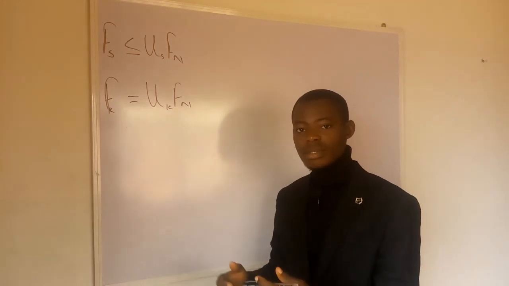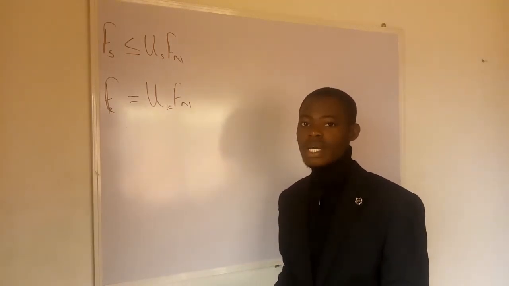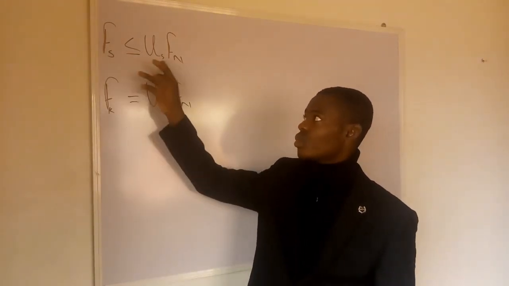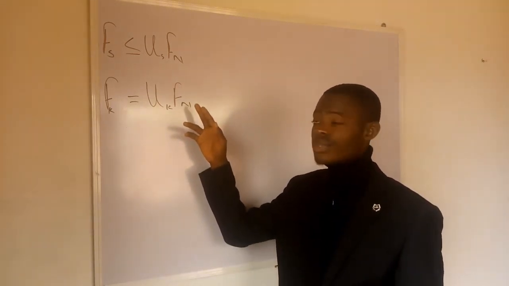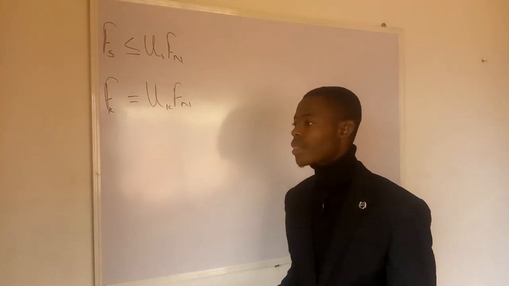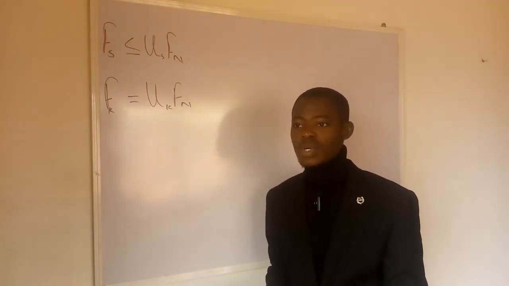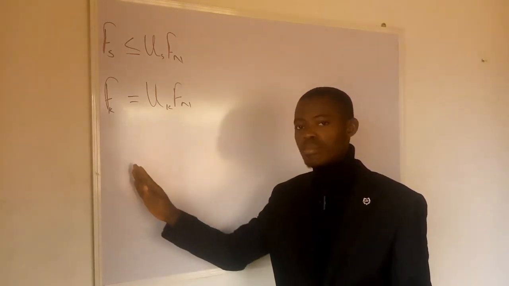But when it's less than this, then the object will not move, however much you still apply force to it. You understand? So that is why the static friction is always less than or equal to the product of its coefficient and the normal reaction force.